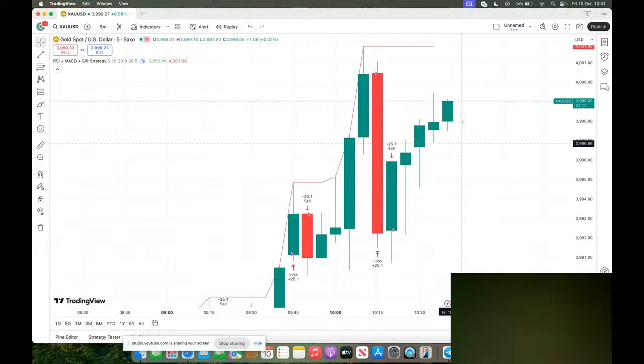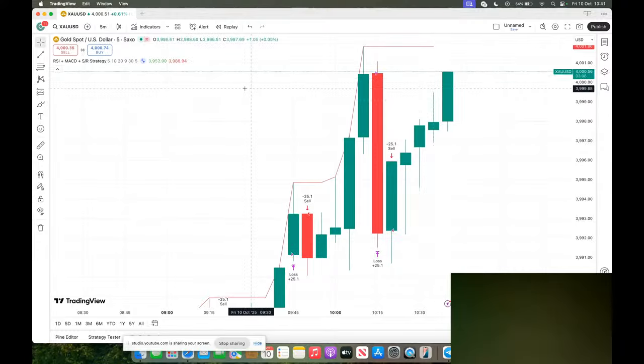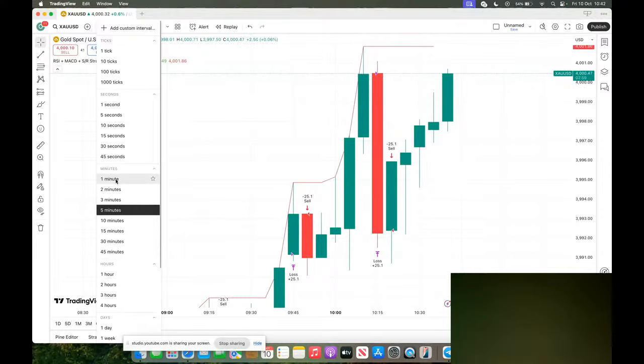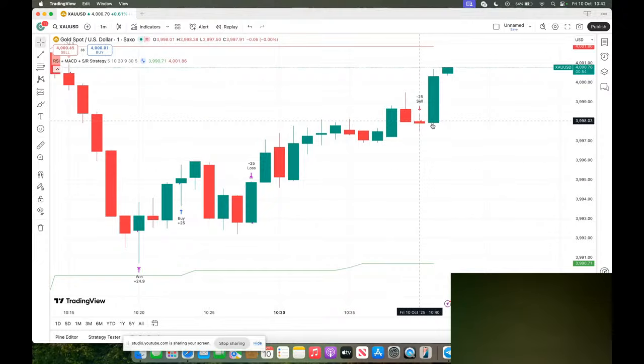Okay, 5 minutes still looks good, but it's still pushing up. 5 minutes would have been perfect for a retracement right here. But I think that signal went sideways because of the buy volume that just came in. Let's see what happens.